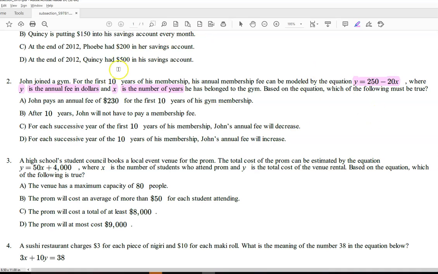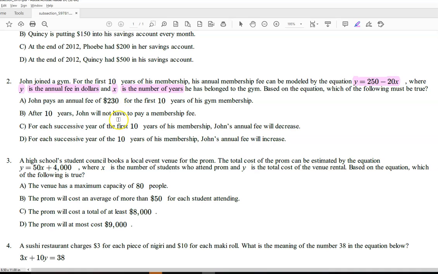And what is Y? Y is the annual fee. So that means something per year being taken away from the annual fee. See how I just did that? Y is the annual fee, X is years, and 20 is the coefficient with X, and it's negative. So 20 is something per year, and it's being taken away from the annual fee.